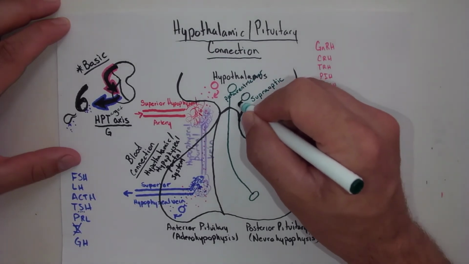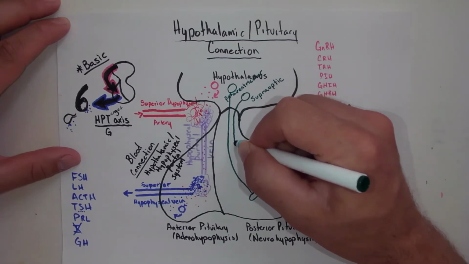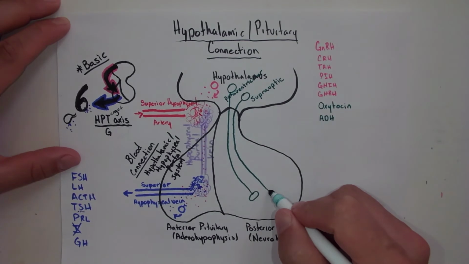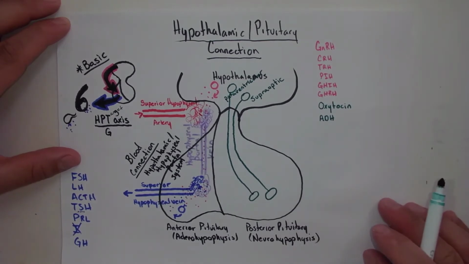They make similar hormones, and cells of the supraoptic nucleus make antidiuretic hormone and send their axons down to the posterior pituitary, where ADH can be released from the axon terminals.